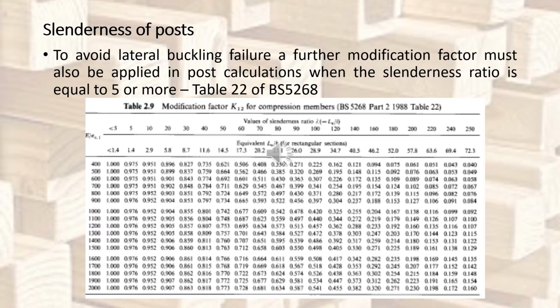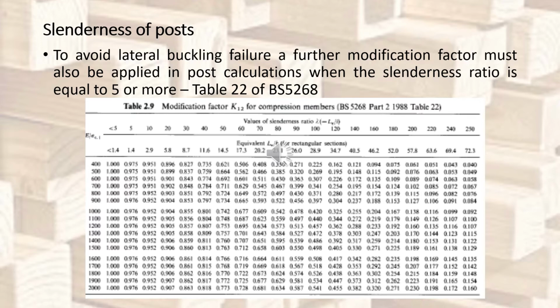Now, slenderness of post. To avoid buckling failure, a further modification factor must be applied in the calculation of compression in timber post when it comes to the slenderness ratio. With a slenderness ratio equal to 5 or more, we apply the modification factor.